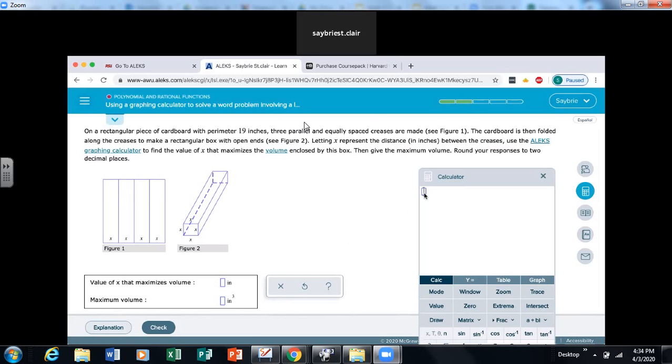So it looks like I think it's going to be 4.57 minus 4x, I think, in one parenthesis. Other one's going to be 4.57, and I think the last one's going to be x. I'll send you a picture.